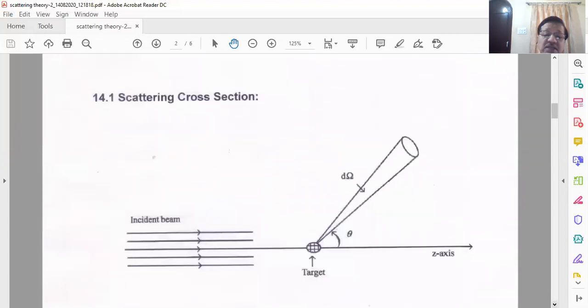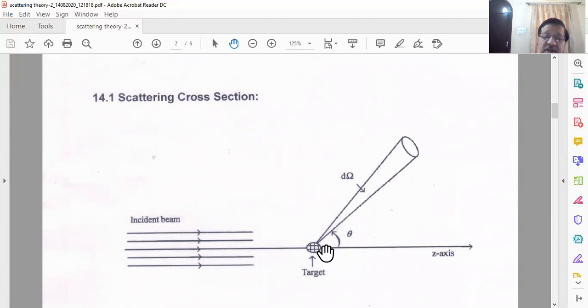Here you can see a diagram which represents the physics of scattering cross section. You have a beam of incident particles directed towards the target.